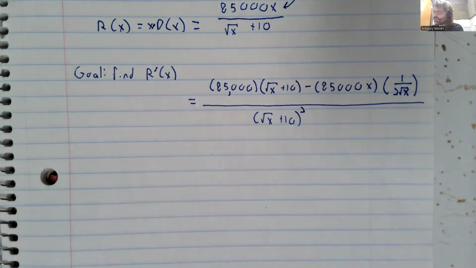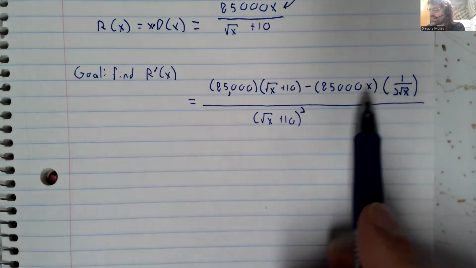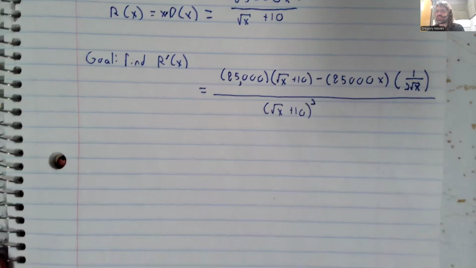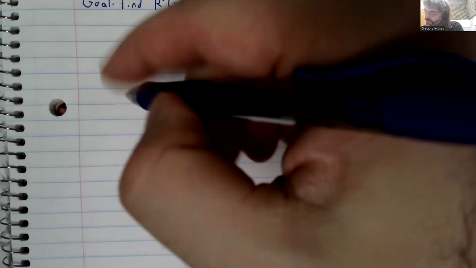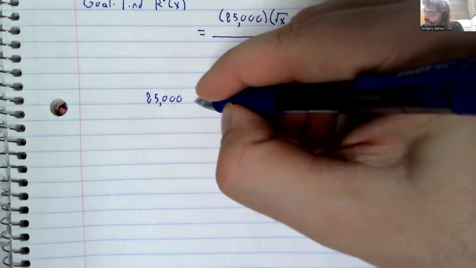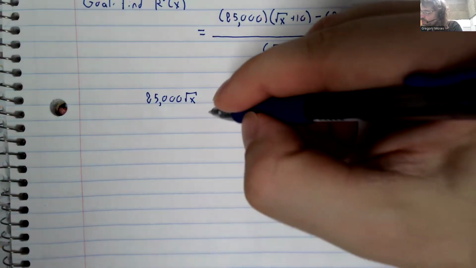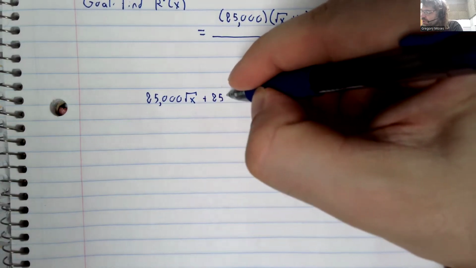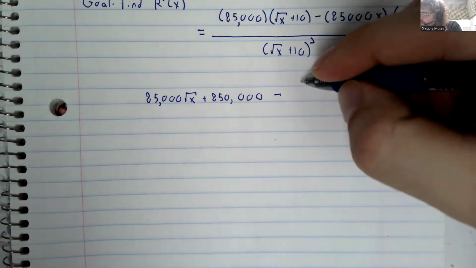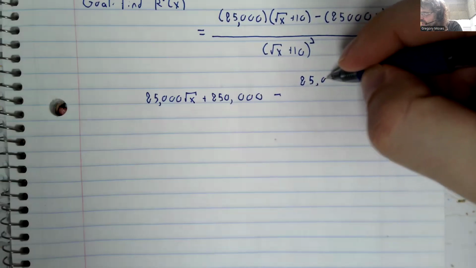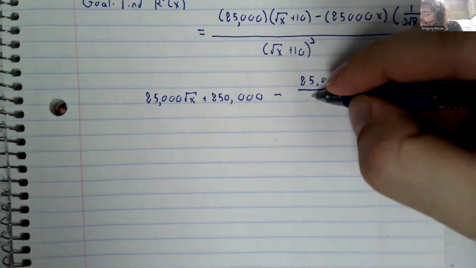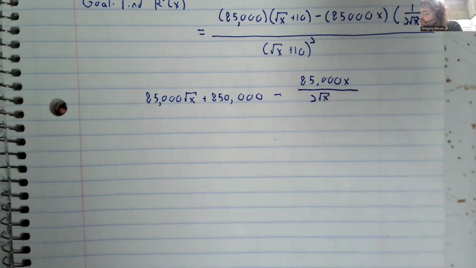And this, again, is really crying out for simplification. 85,000 times the square root of x plus 850,000 minus 85,000 times x divided by 2 times the square root of x.